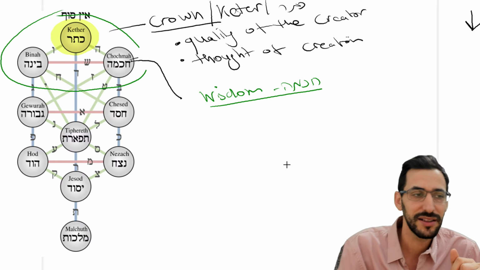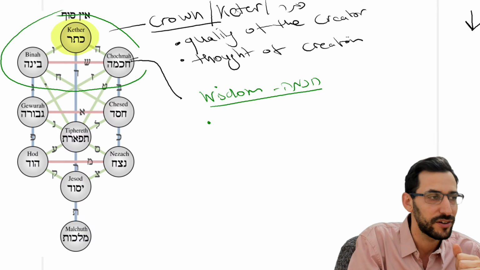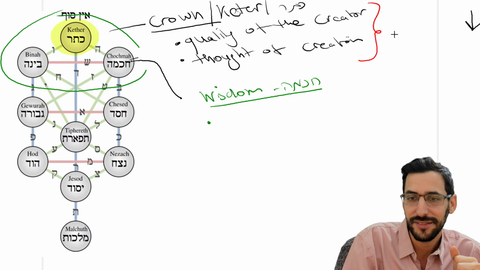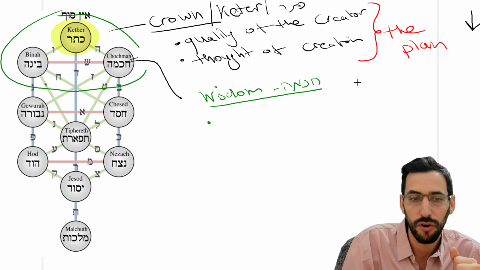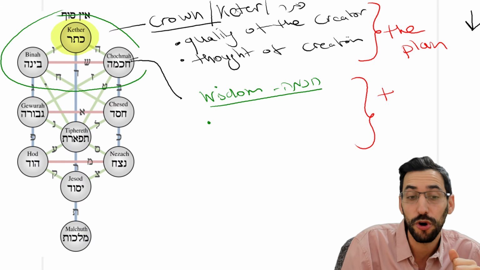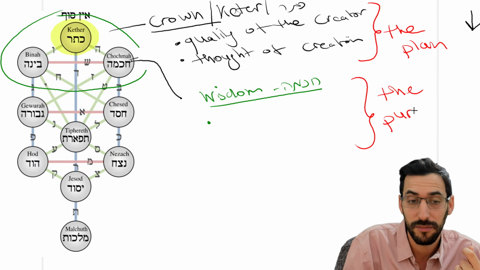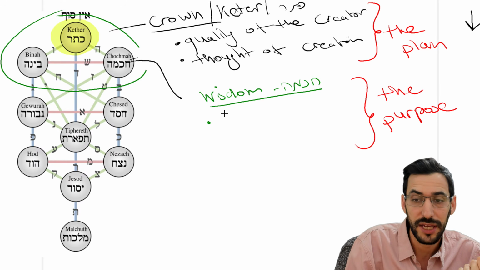So Hochma literally means wisdom, and if the Keter, you could say, is the plan, then Hochma is the purpose of creation. What does it mean that it's the purpose of creation?